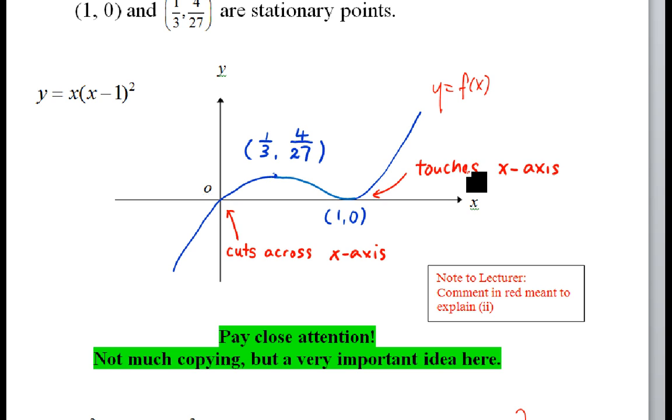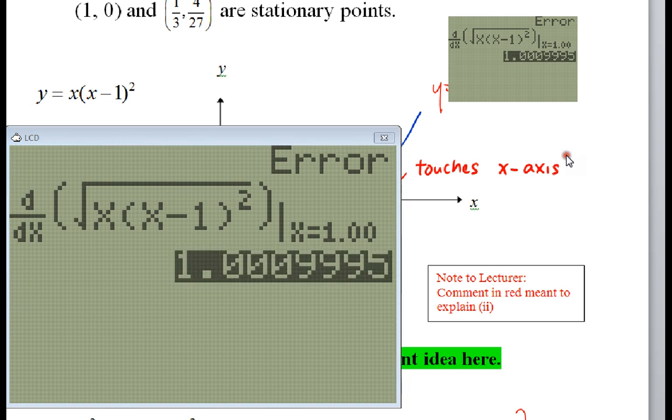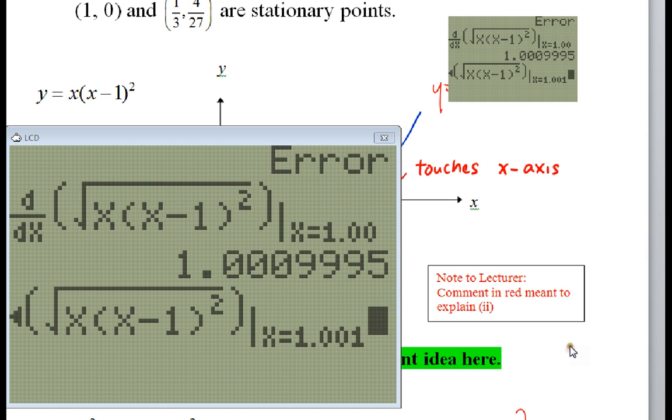Let's do the other side, okay? Do you all know you go up, up, enter? You all know this, right? Then I type 0.999.